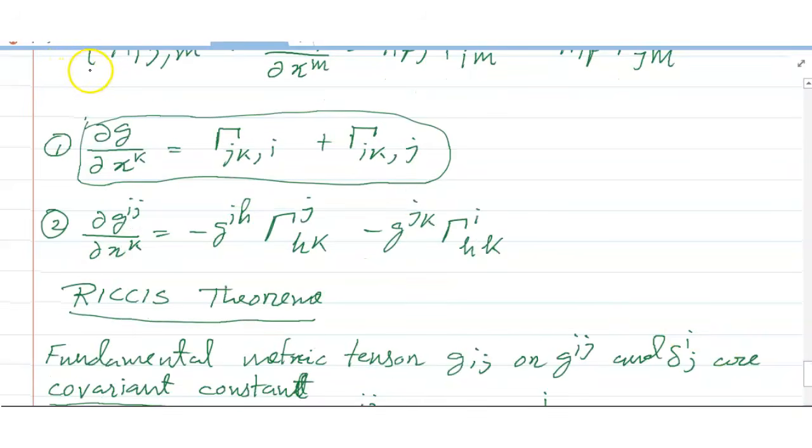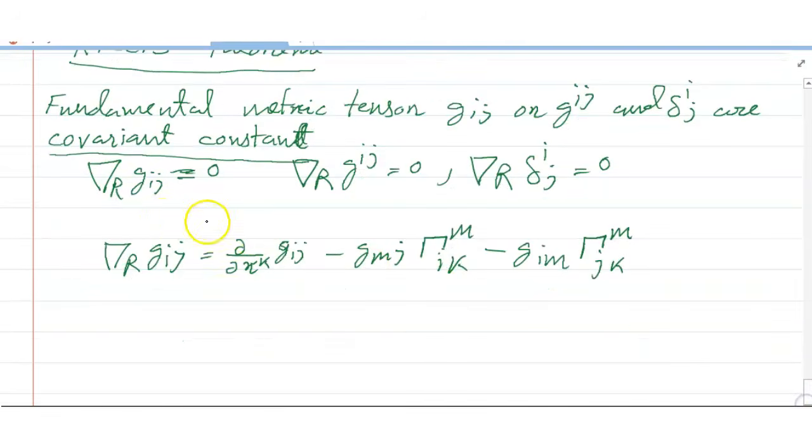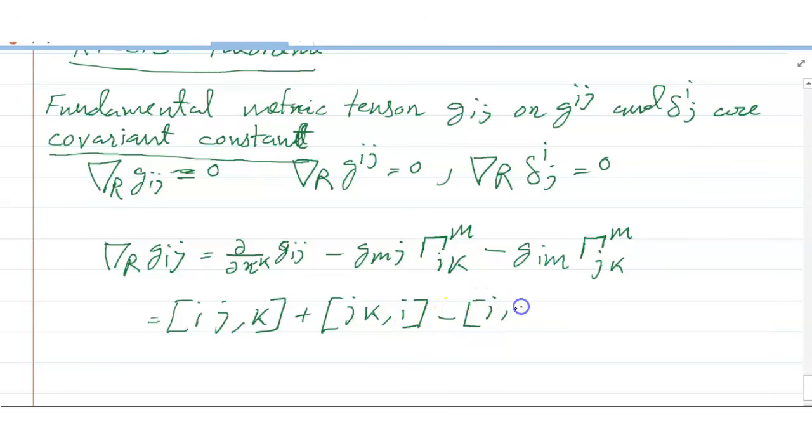It can be written this way: gamma_{ijk} plus gamma_{jk,i} minus gamma_{ji,k} minus gamma_{ij,k}.